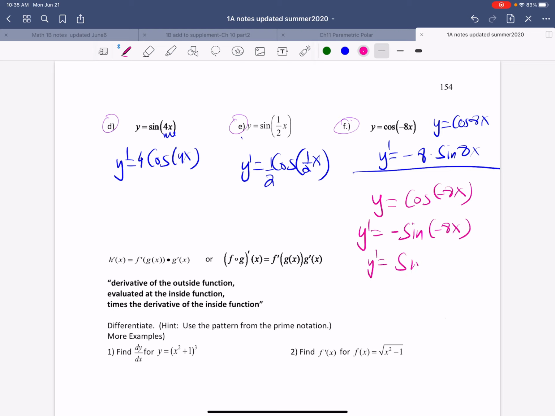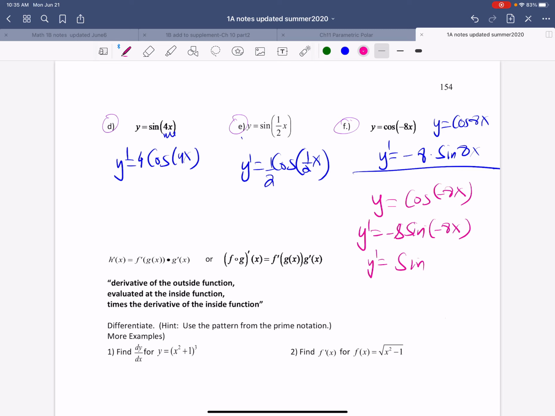You can pull the negative out, and it is also multiplied with the 8, don't forget that. So negative 8 sine 8x, and you can pull the negative out, and the negative inside would become sine of 8x.